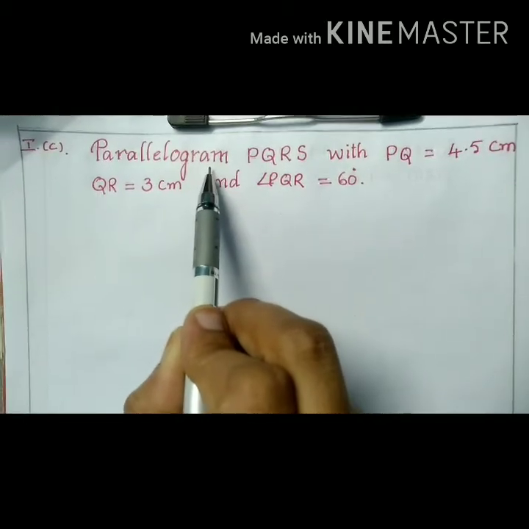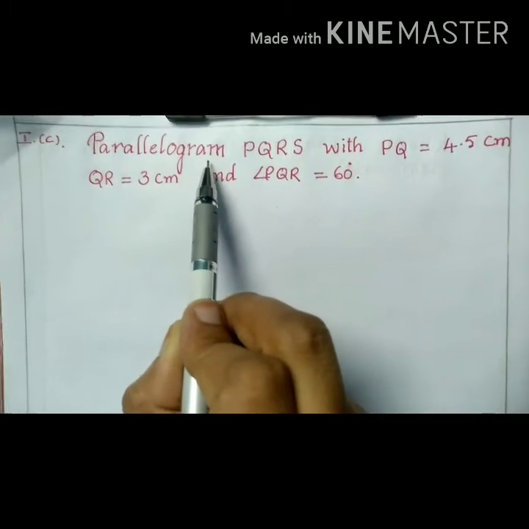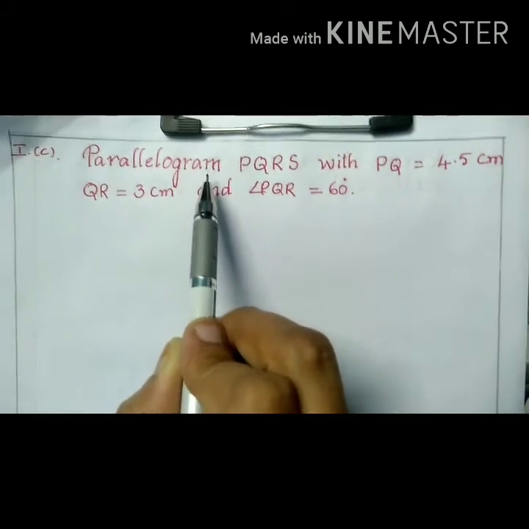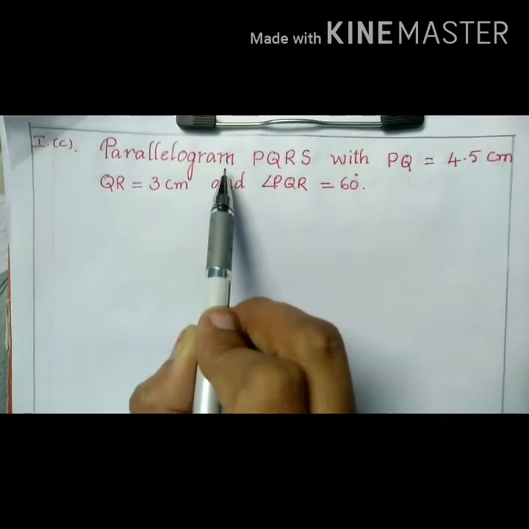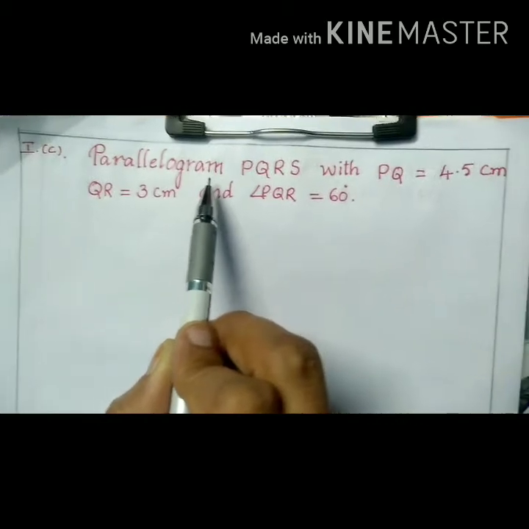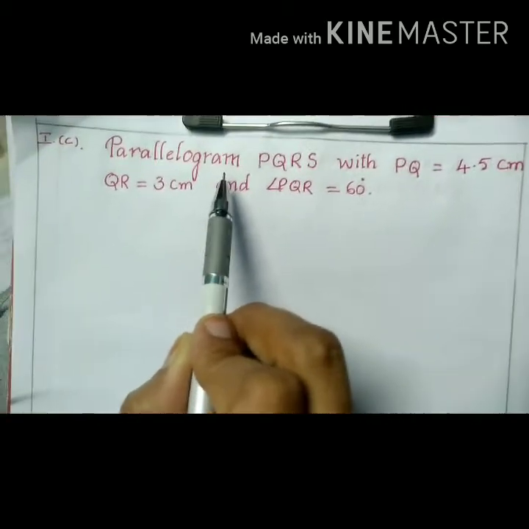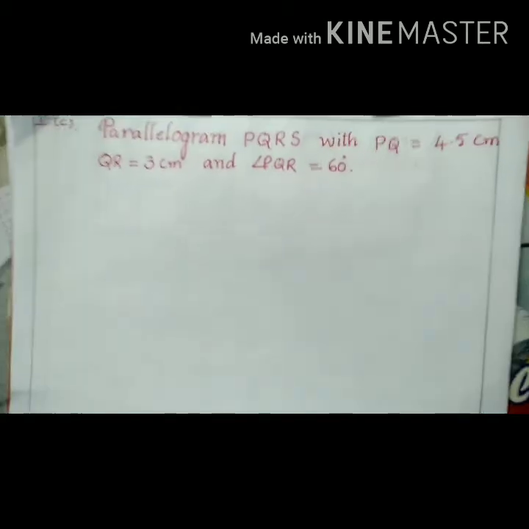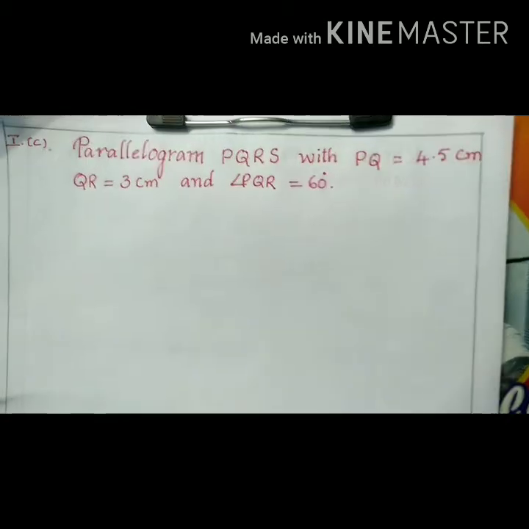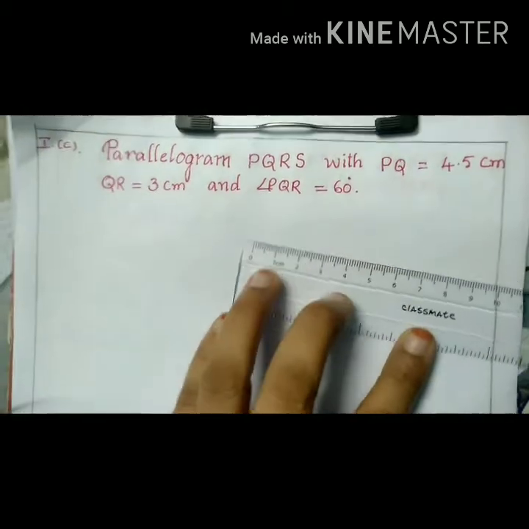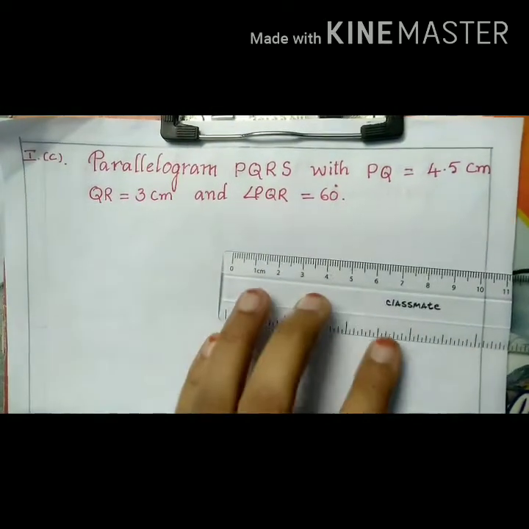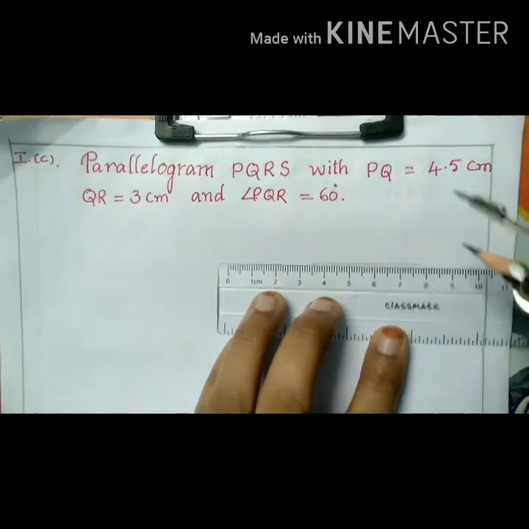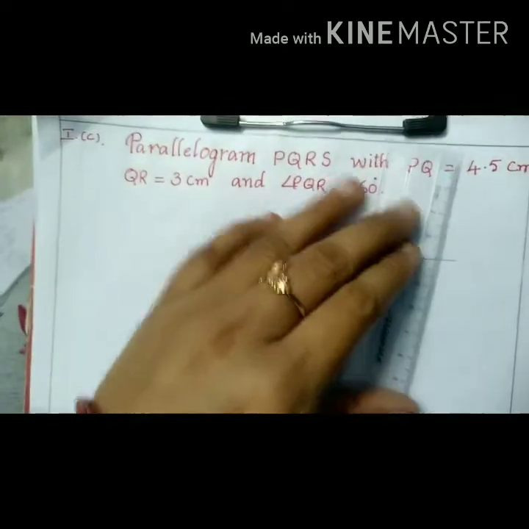Already we learned the properties of parallelogram. What are the properties of parallelogram? Remind that opposite sides are parallel. First you draw the parallelogram. It is just an imagination of the diagram.